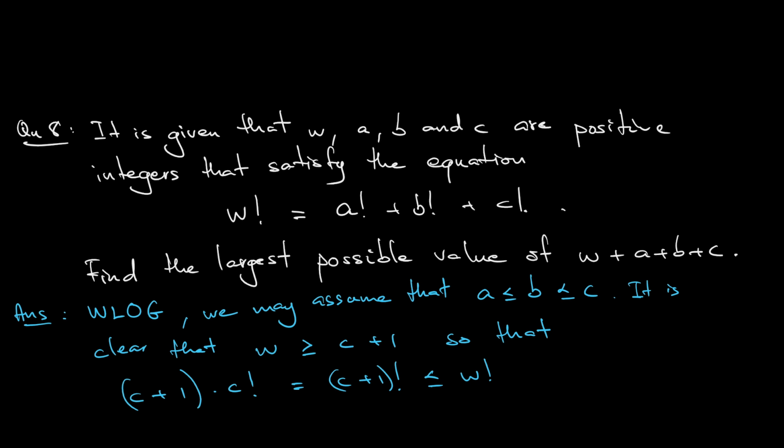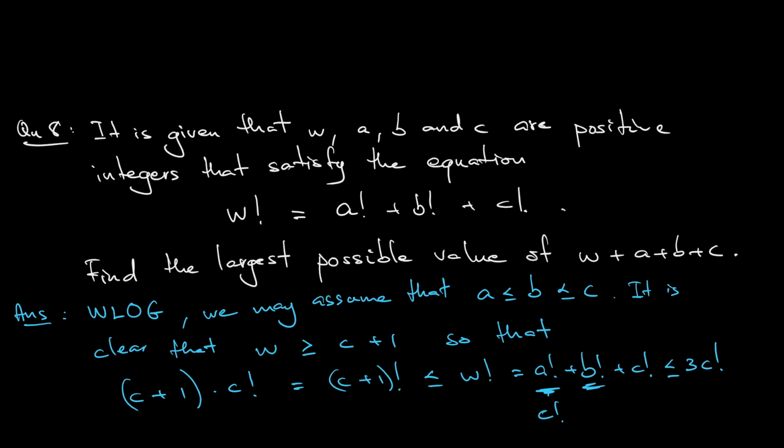And that will be equal to a factorial plus b factorial plus c factorial. This is exactly just from the question. We assume that c is the maximum among the three, so this would need to be smaller than or equal to 3 times c factorial, right? Because a factorial needs to be smaller than or equal to c factorial.